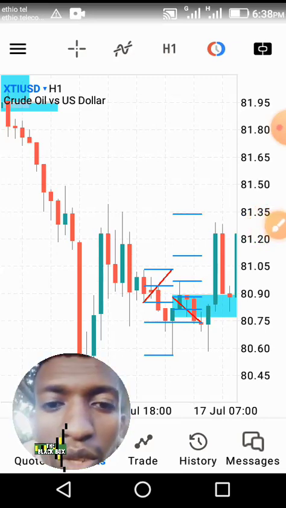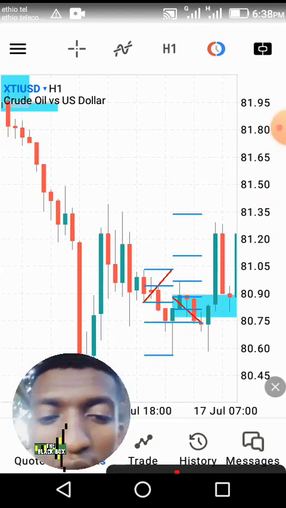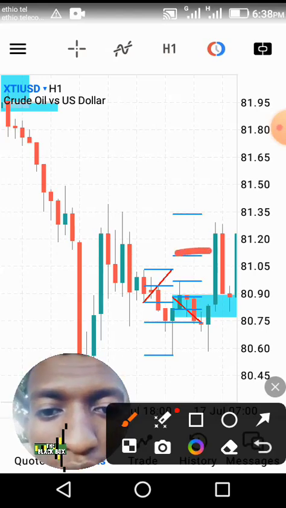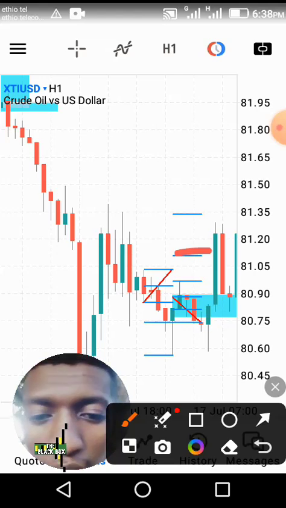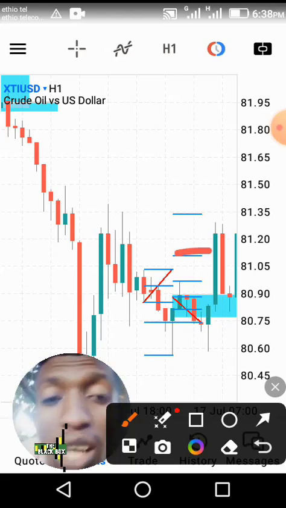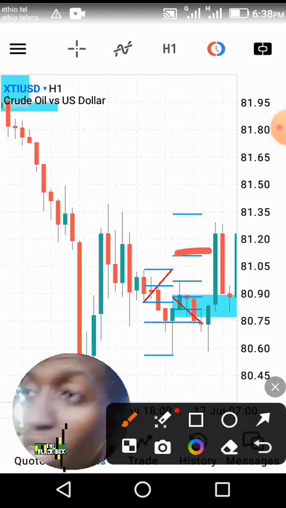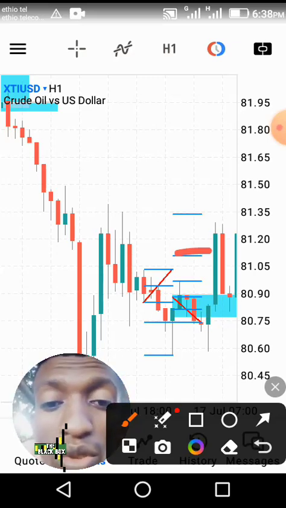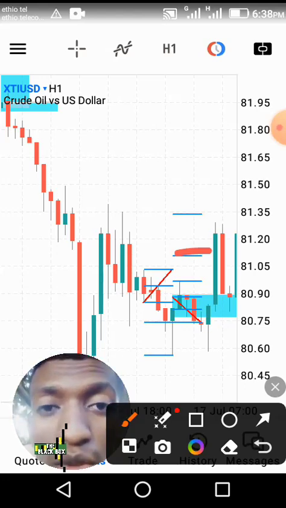Now what do you do? You buy here with a small percentage, one third of your position. You buy right here at the break. Why? Because it is risky. We have the fourth model, okay? Don't forget that. So you don't put all of your money on the third model. Don't do that.